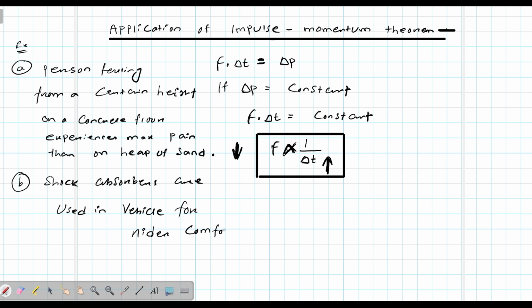Shock absorbers are used in vehicle to increase the time period. So as time period increases, force value decreases. So these are the applications of impulse momentum theorem.